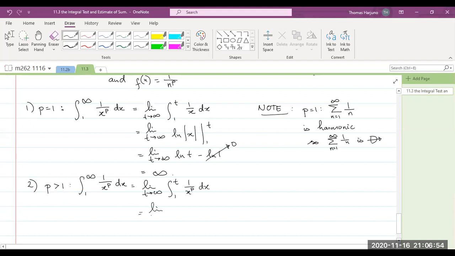That's the limit as t goes to infinity of 1 over 1 minus p of x to the p minus 1, see, right? From 1 to t.